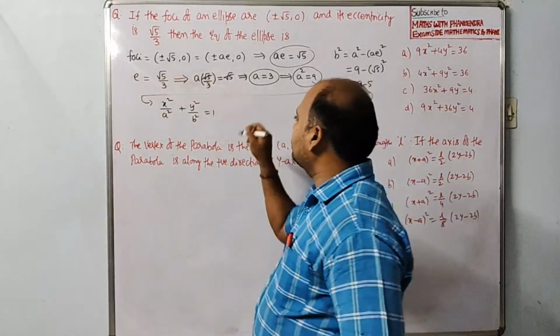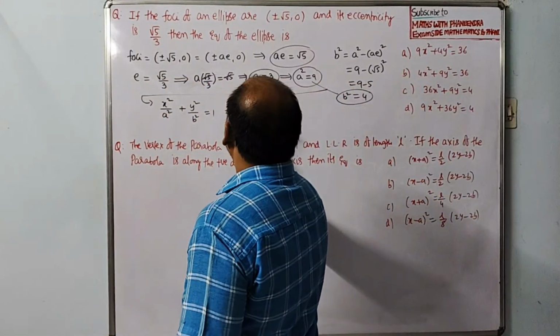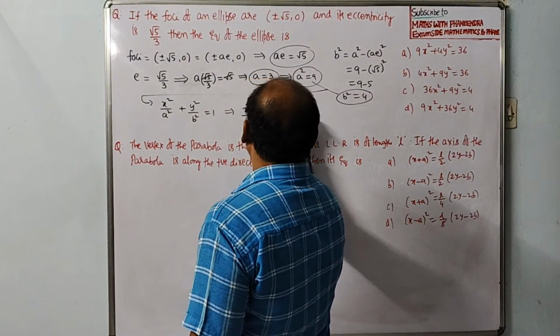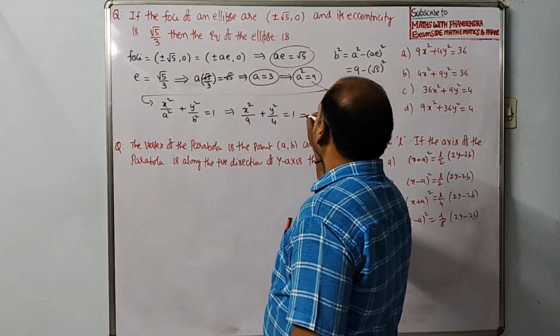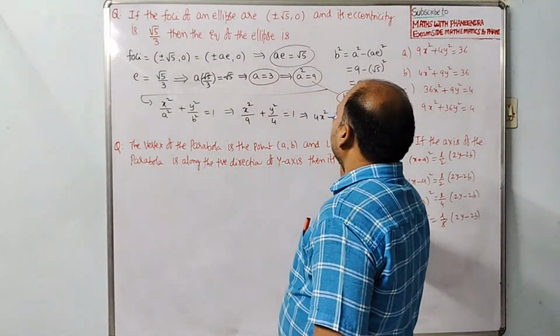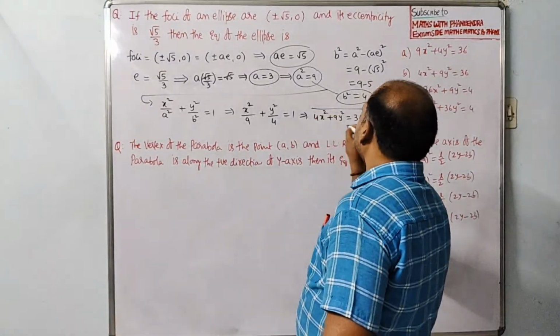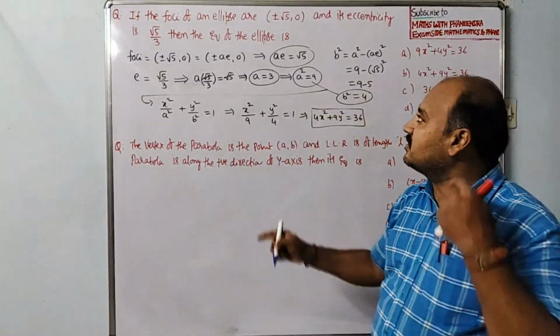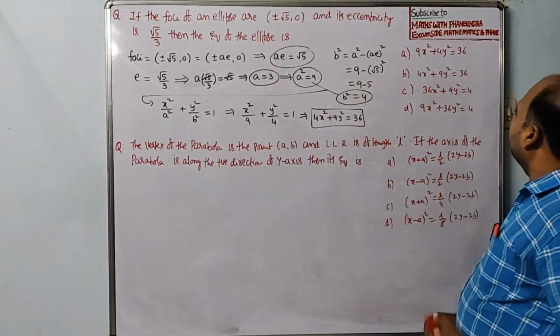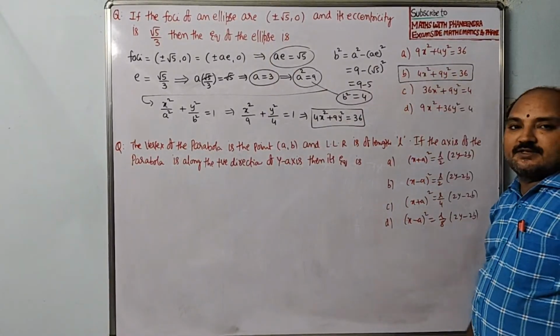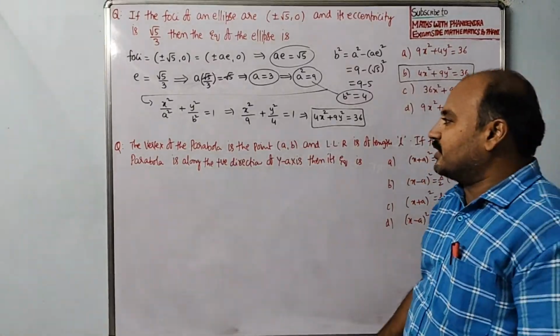Substitute a square and b square in this. So x square by 9 plus y square by 4 equal to 1, by taking LCM and simplifying, 4x square plus 9y square equal to 36, which is the required locus of the ellipse. 4x square plus 9y square equal to 36. We got the second option, dear students.